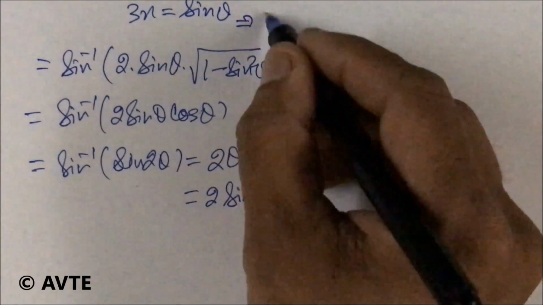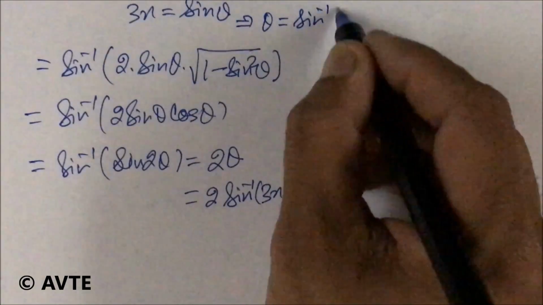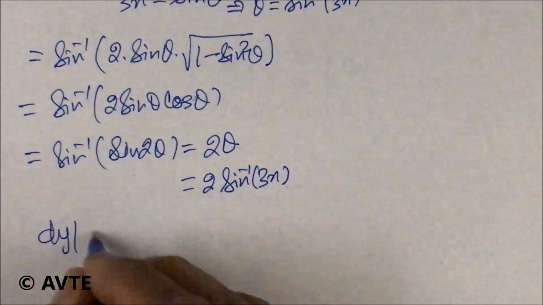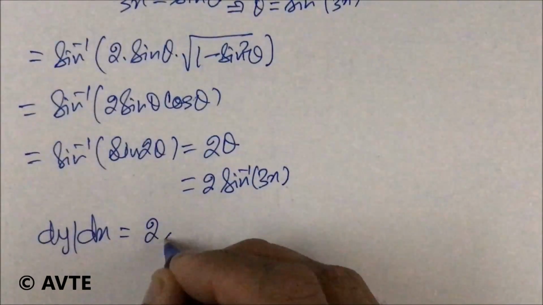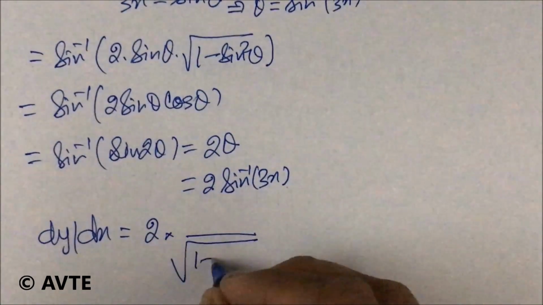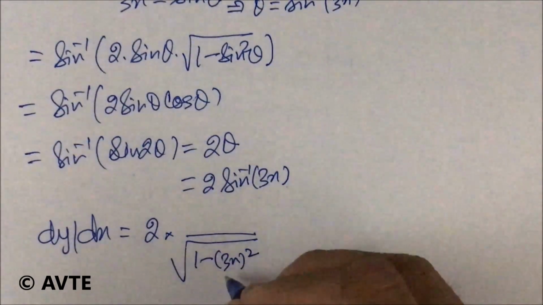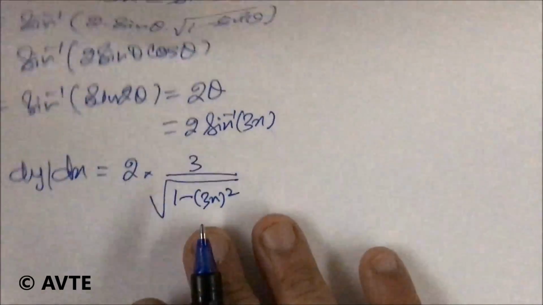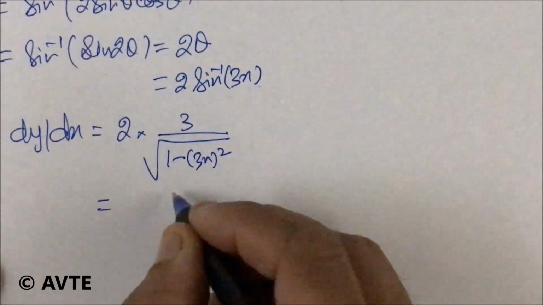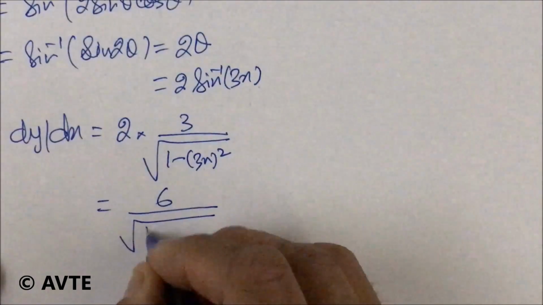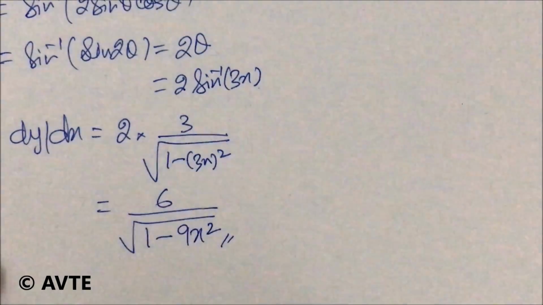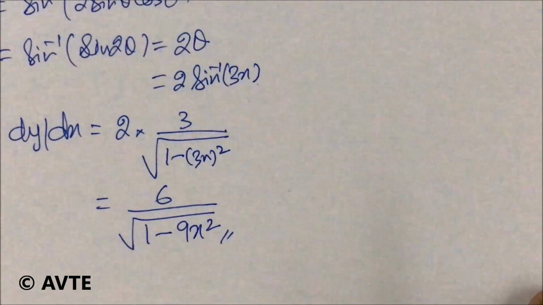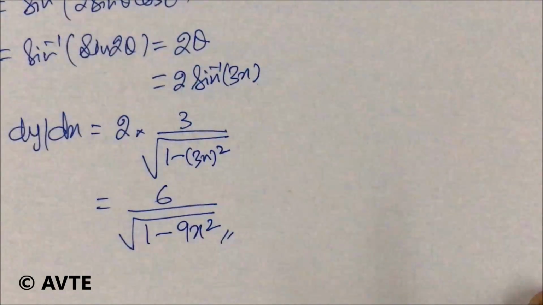You can see that theta is sine inverse of 3x. So dy by dx is clearly 2 into 1 upon under root of 1 minus 3x the whole square into the derivative of the angle, which is 3. So the answer turns to 6 upon under root of 1 minus 9x square.